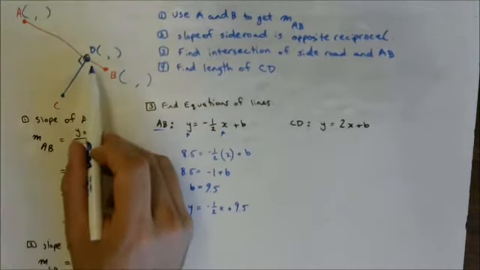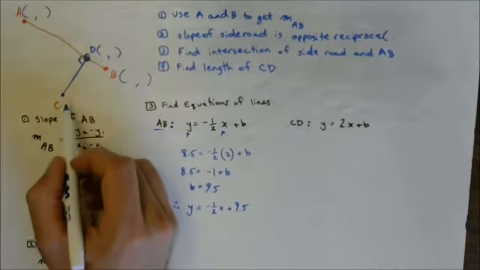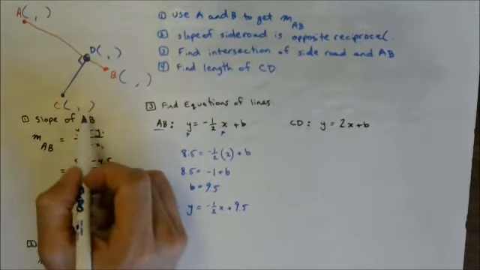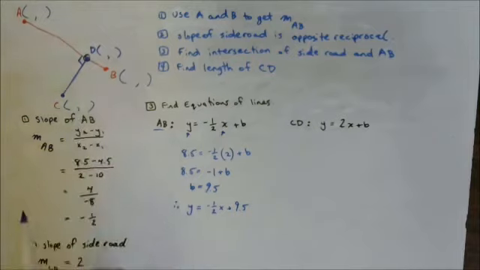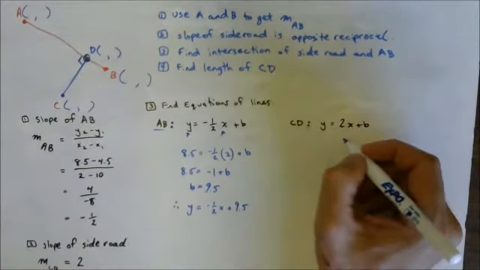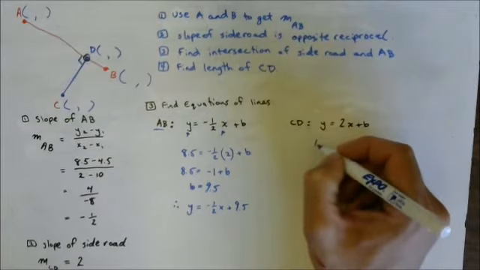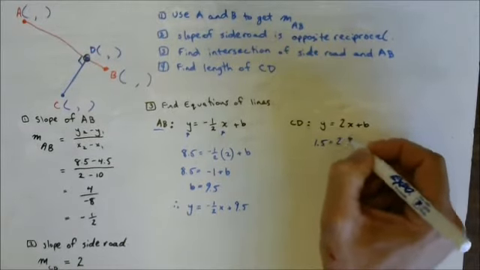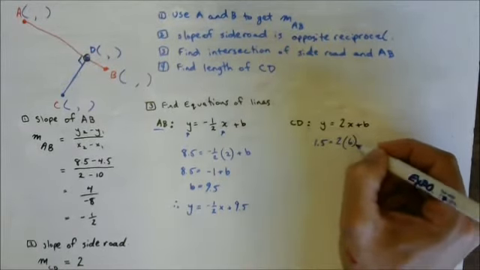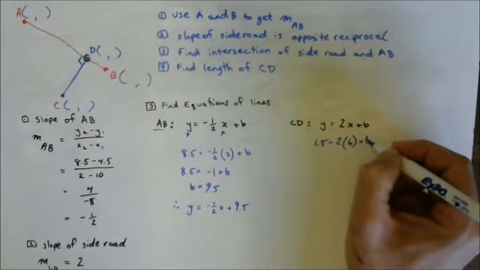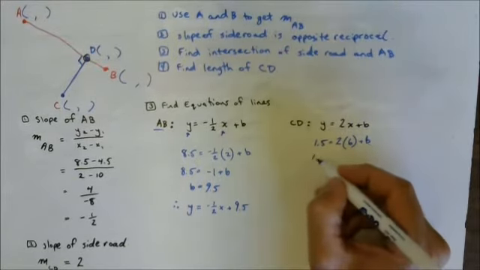Now you say, well, I don't know D. No, that's what we're trying to find. But you do know the point where the new cabin is going to be. If you look on your diagram, that's at 6.0, 1.5. So wherever we see a y, we sub in 1.5. x is 6.